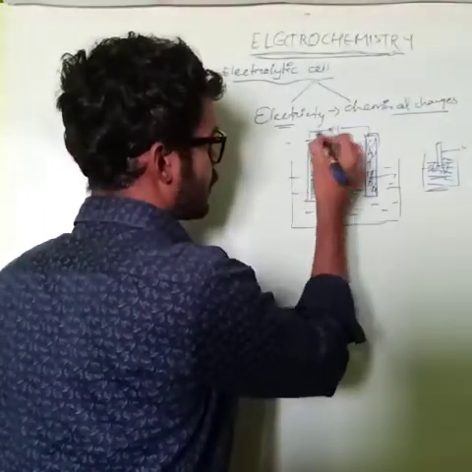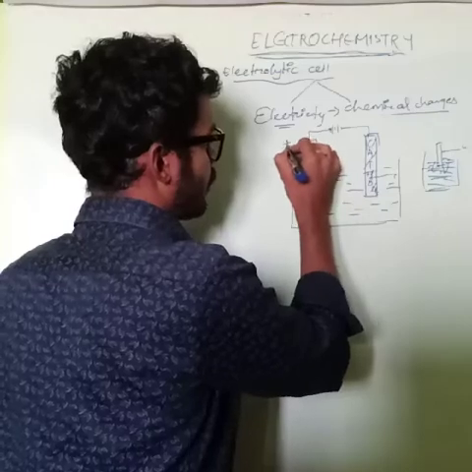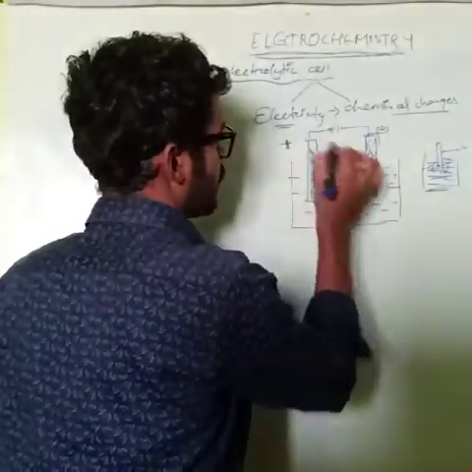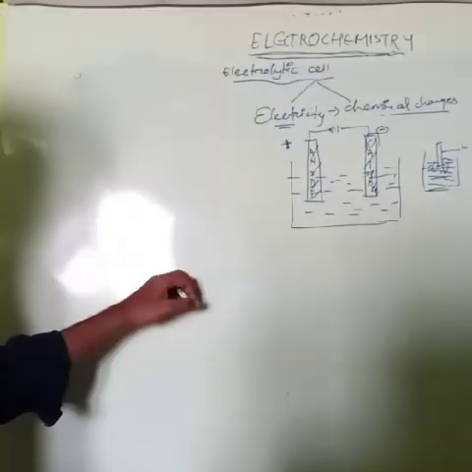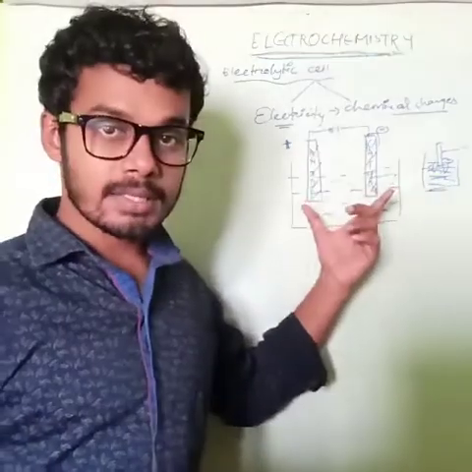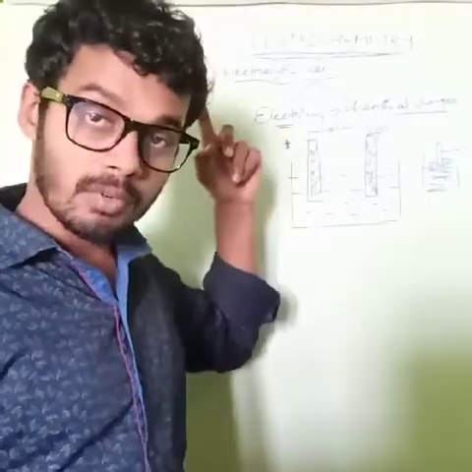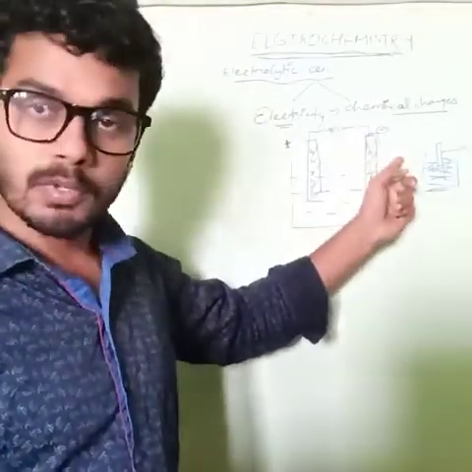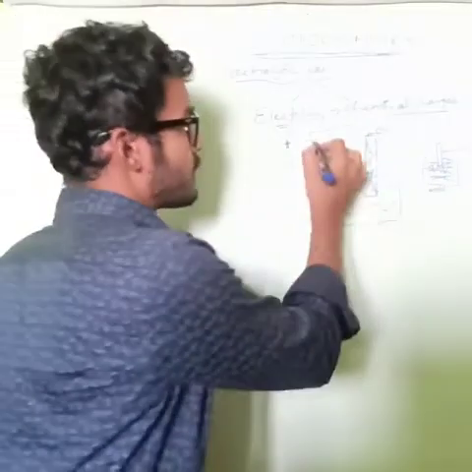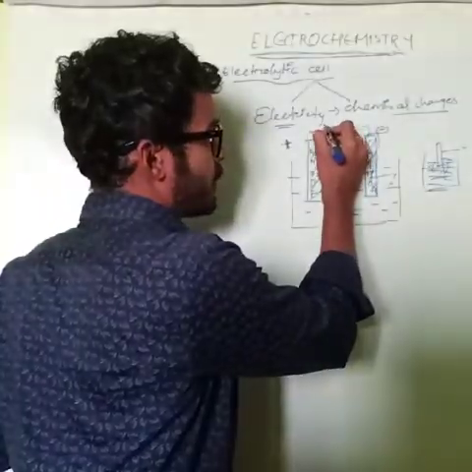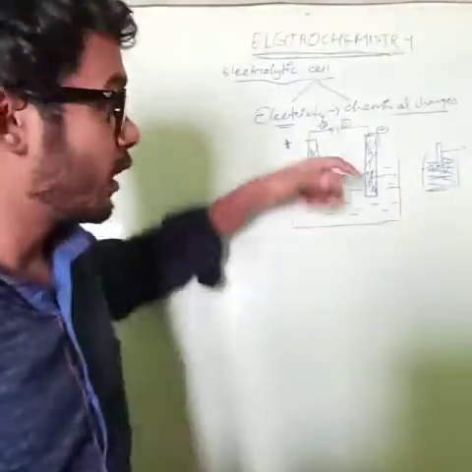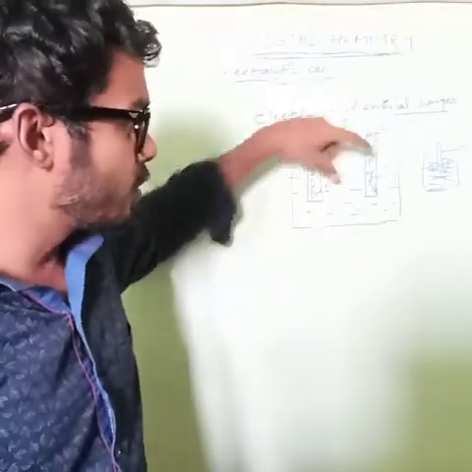Here the anode is positive and the cathode is negative. In a galvanic cell, the anode is negative and the cathode is positive. Here the anode is connected with the positive terminal of the battery and the cathode with the negative terminal, and through this we supply electricity.